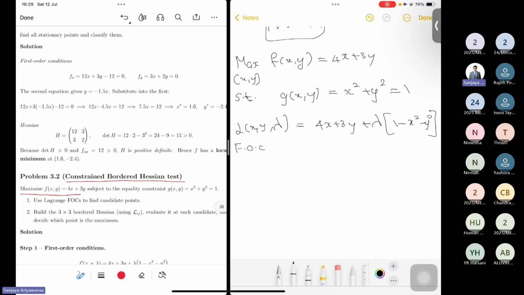What are the first order conditions in this particular case? So I would partially differentiate my Lagrangian with respect to x. So I get 4 minus 2x lambda equals 0.